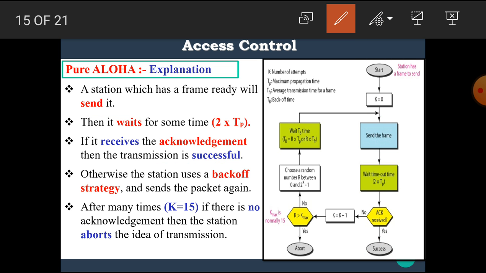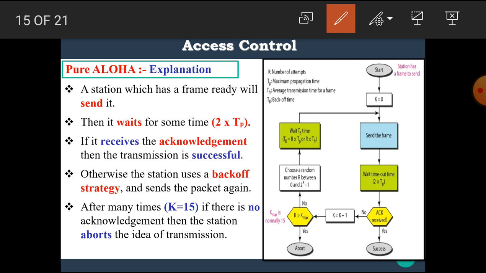That means this path is followed. Otherwise the station uses the back-off strategy. That means if the acknowledgement is not received, then it goes through a back-off strategy and sends the packet again.